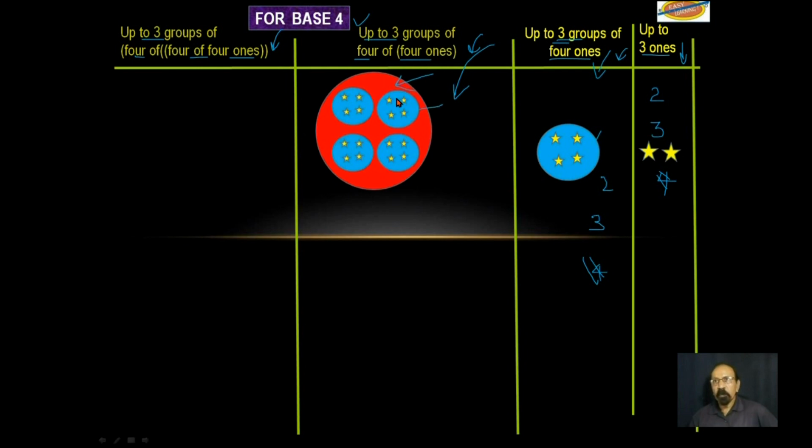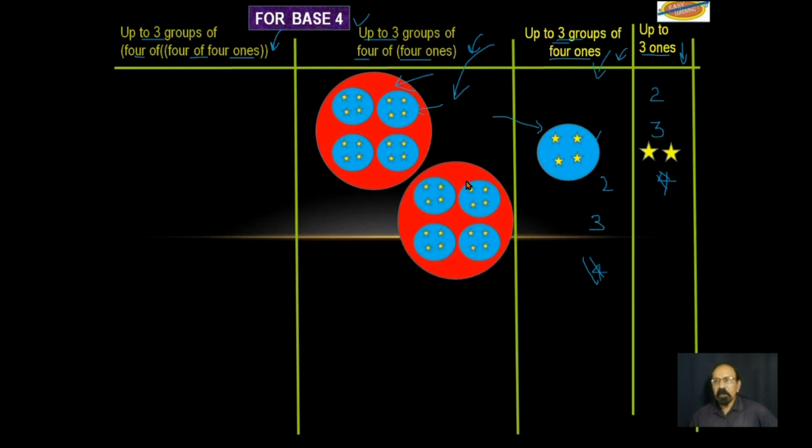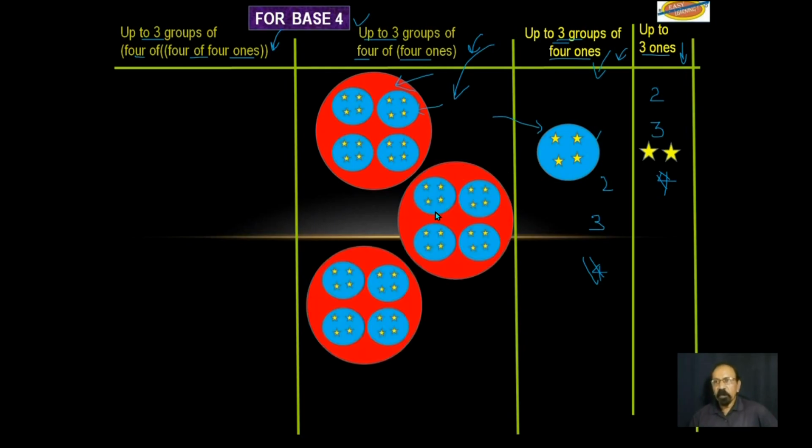This blue group is 1 group from over here. And in that group, you had 4 stars. So let us say we have 2, we have 3, that is fine. If you were to add a 4th one here, which I am not going to show, you can't do that.